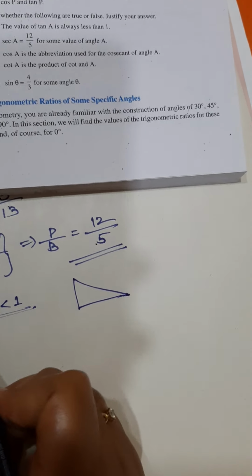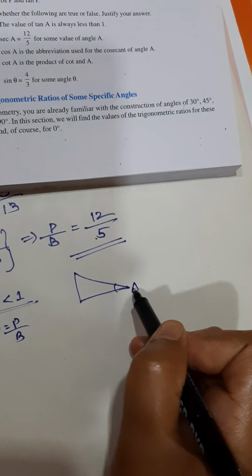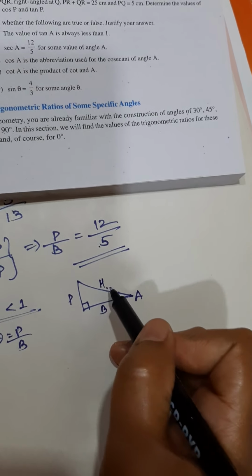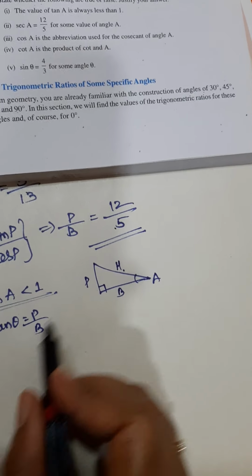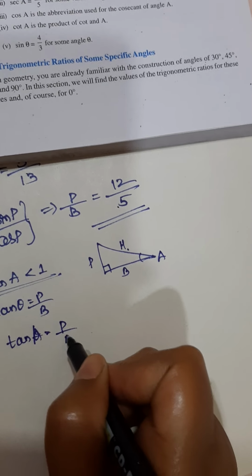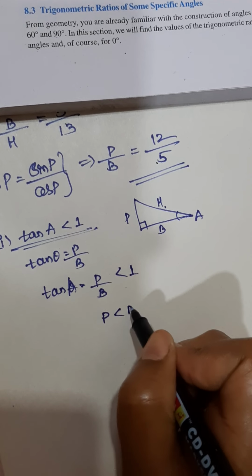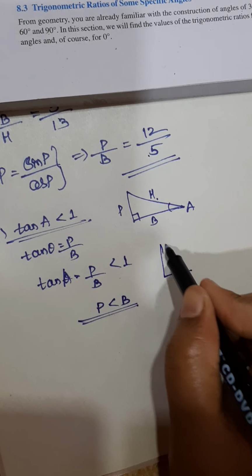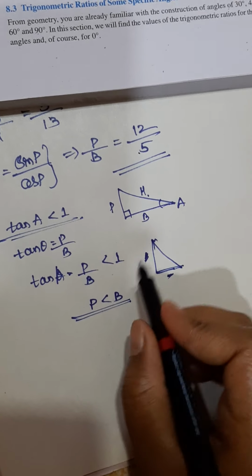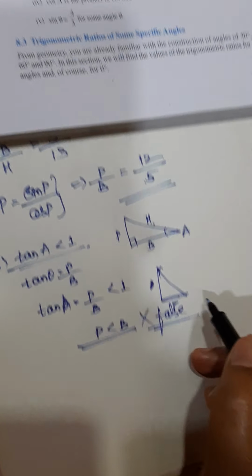So the tan formula is tan theta equals P by B. For this angle A, this is our P, this is our B, and this is our H. So tan A is equal to P by B. If it is less than 1, the perpendicular is less than B. In some triangles, the perpendicular will be more and the base will be less. So according to this statement, this is false.